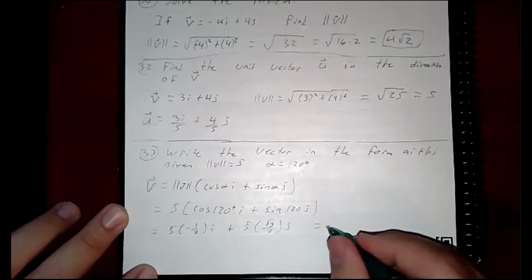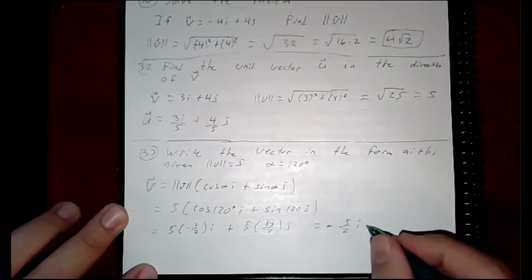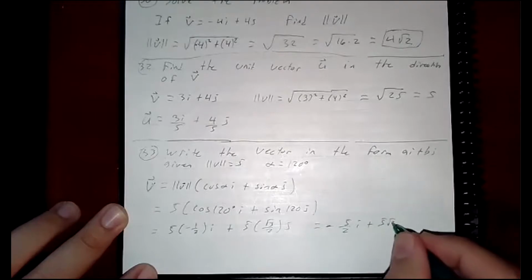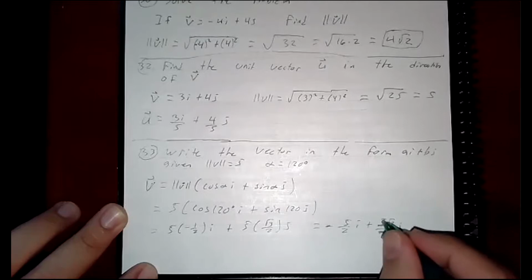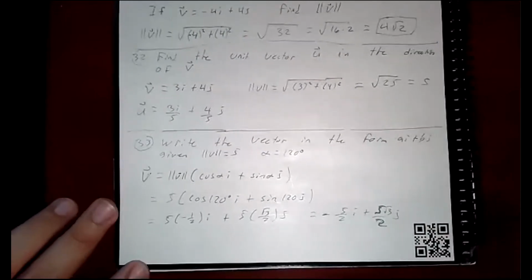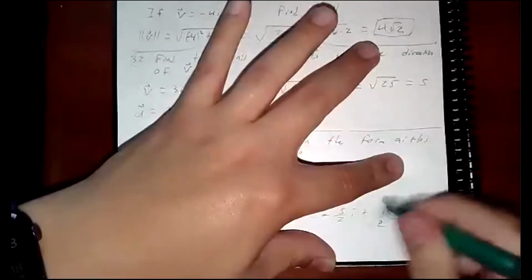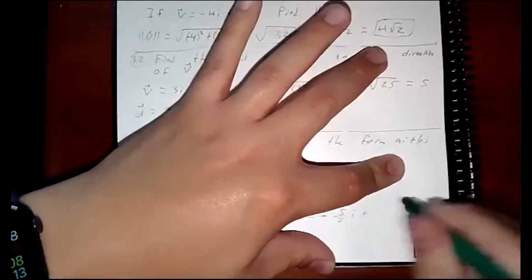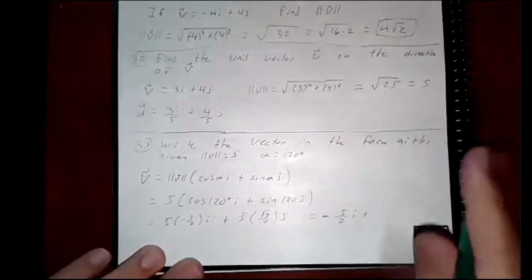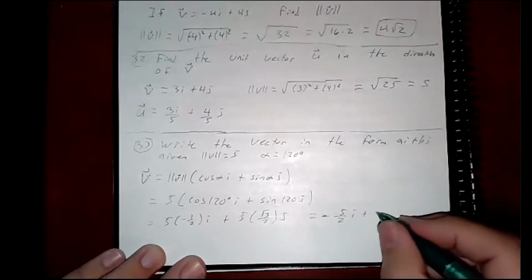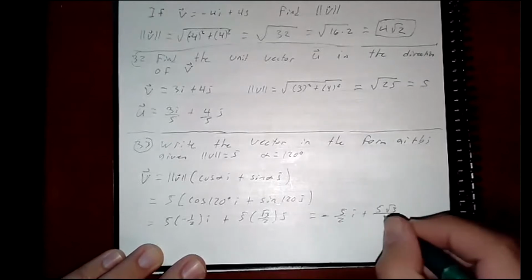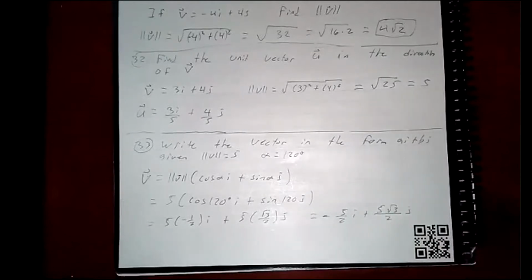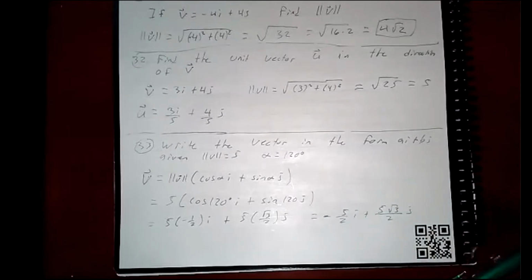So this would become a negative 5/2 i plus 5 root 3 over 2 j. That looks ugly.